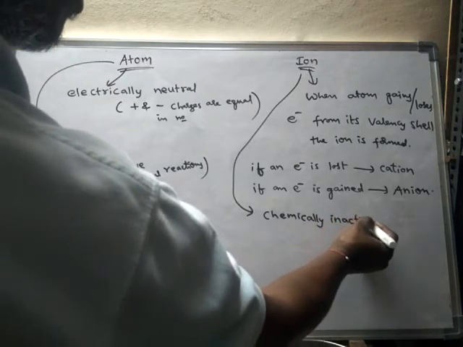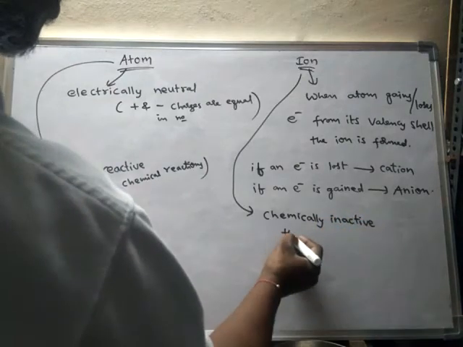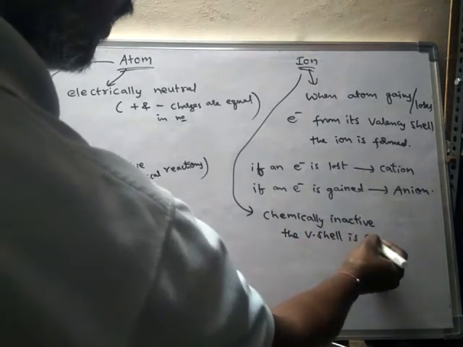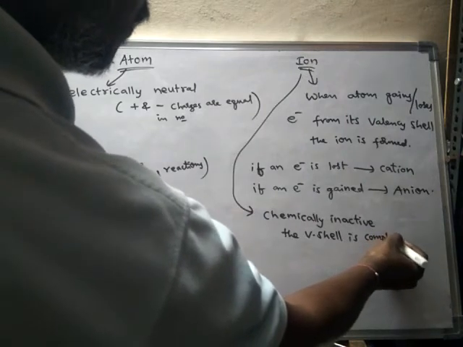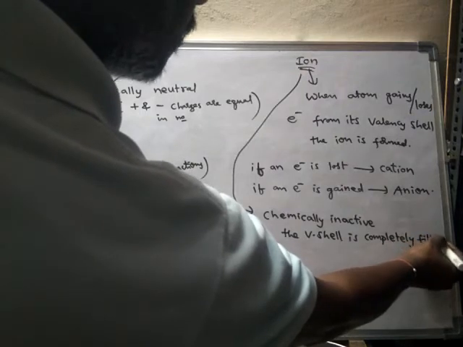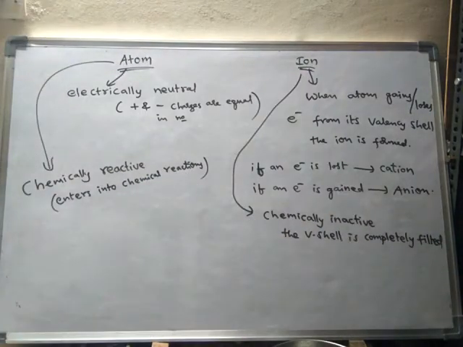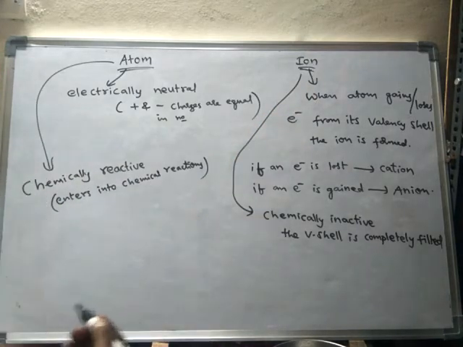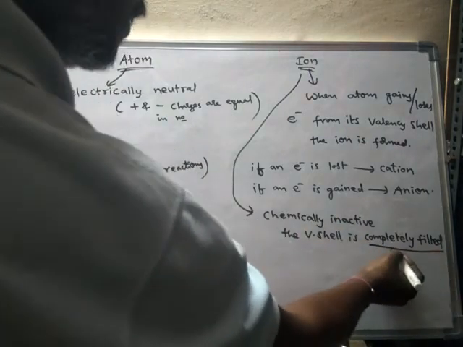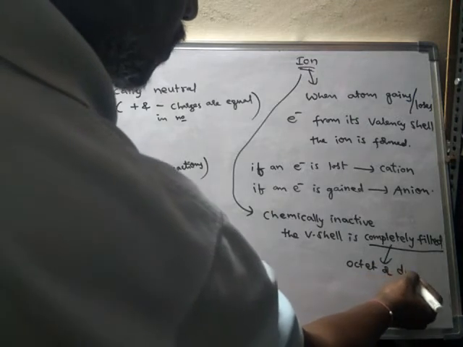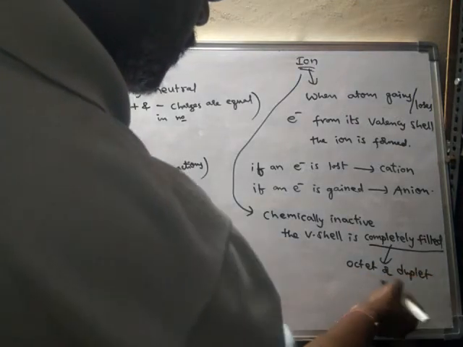Because in these ions the valency shell is completely filled. Whenever octet or duplet configuration is gained, the shell is said to be completely filled.